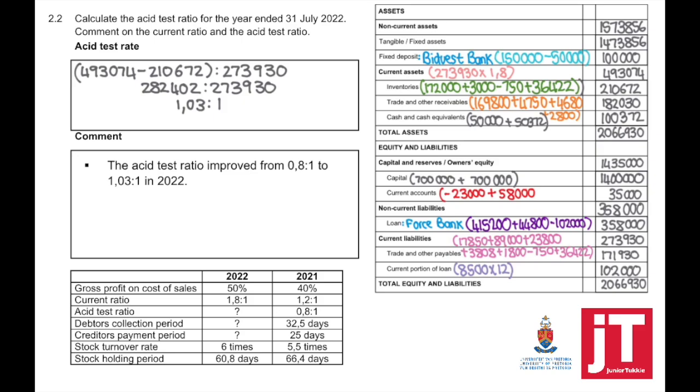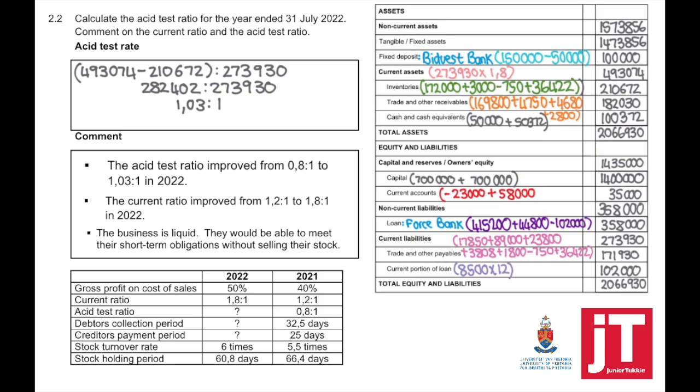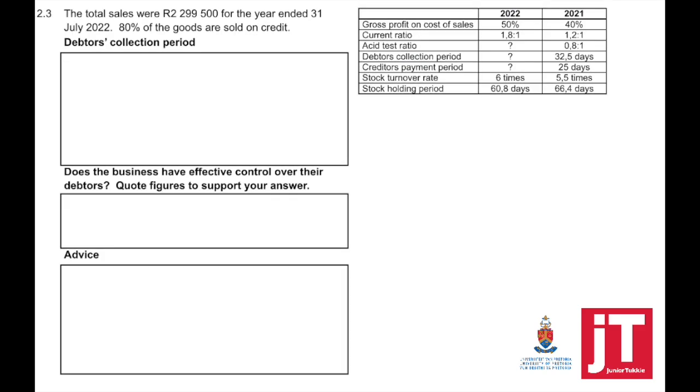So I'm quoting the figures and I'm indicating the trend. If we're looking at the current ratio, it improved from 1,2 to 1 to 1,8 to 1 in 2022. This means that the business is liquid. They would be able to meet their short-term obligations without selling their stock.